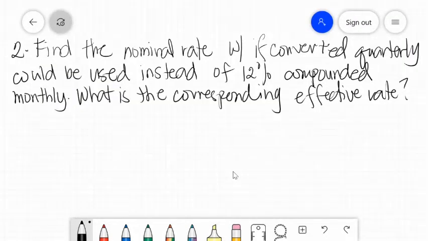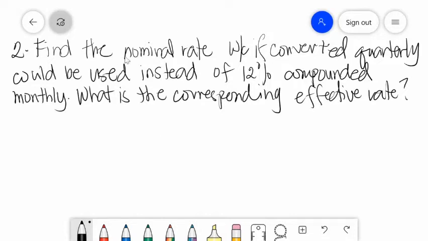So example number 2, find the nominal rate which, if converted quarterly, could be used instead of 12% compounded monthly. What is the corresponding effective rate?